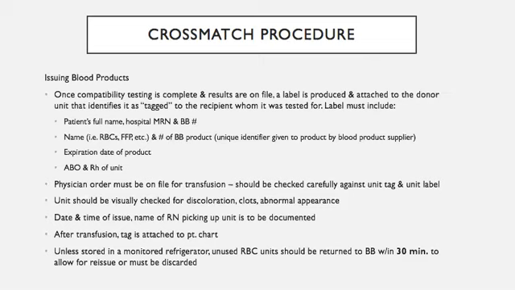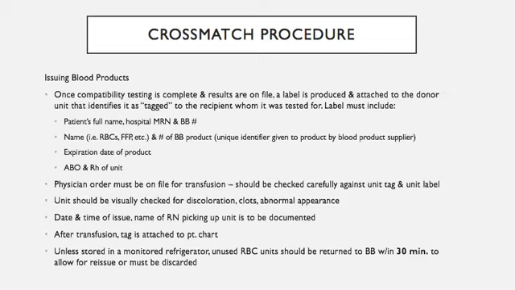Once we've done that cross match and we've identified a unit that's compatible for our patient, the label that gets printed out that we put on that unit has to have the patient's full name, their hospital medical record number, and that unique blood bank number that's on their blood bank bracelet. It has to have the name of the product. So again, is it packed red cells? Is it fresh frozen plasma or something else?